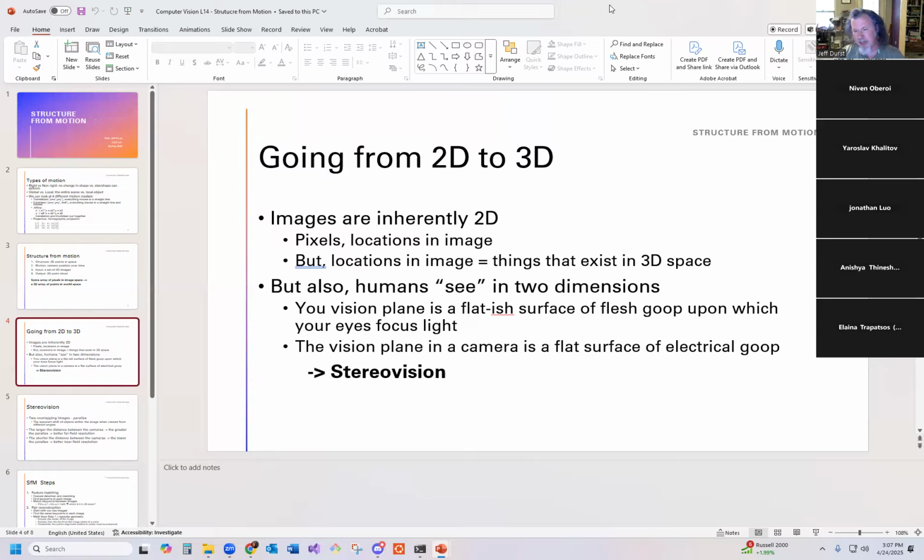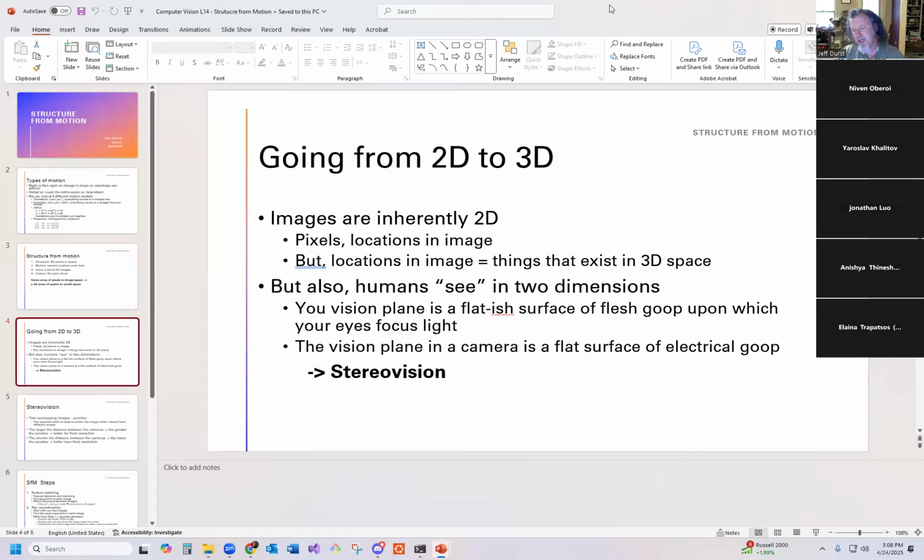I don't remember the name, but the back of the eyeball, it's mostly flat. Your vision plane is kind of a flattish surface of flesh goop upon which your retina and lens focus light. So you essentially have a 2D surface of photoreceptors that take all the light into it.